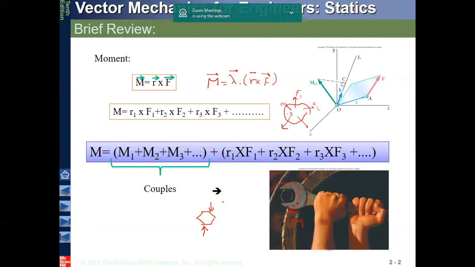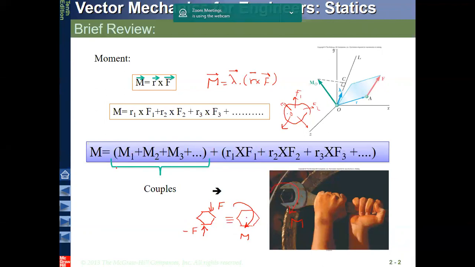Equal but opposite in direction. So this is F, this is minus F. And this would be equivalent to just a moment, a couple.